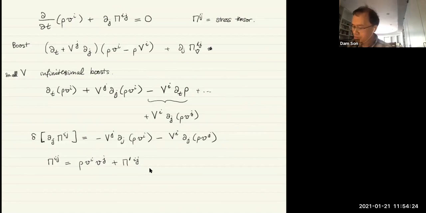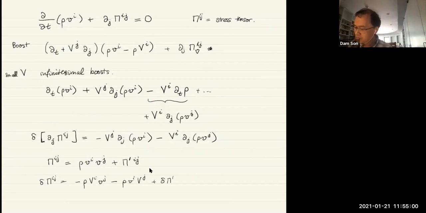You can check right away that this pi ij transforms in such a way as to cancel these two terms. Because v gets minus capital V under Galilean boost, the change of pi ij will be minus rho vi V j minus rho V i vj plus change of pi prime, and you take the derivative. It's exactly what you need, the first term.